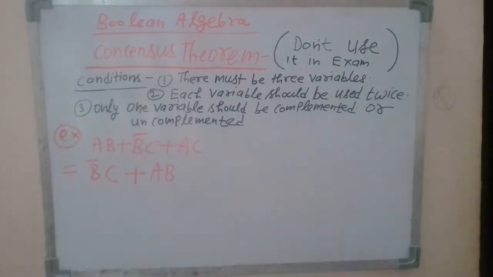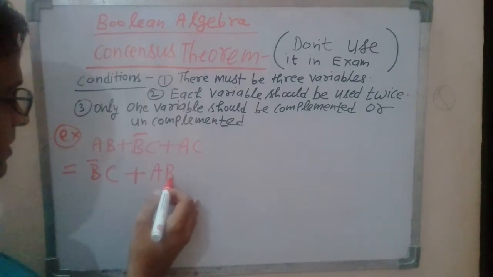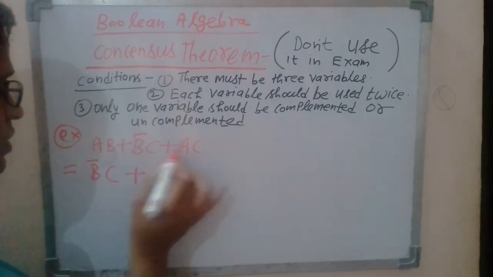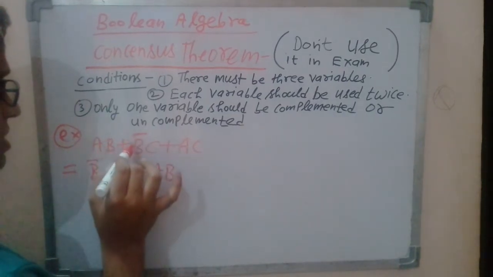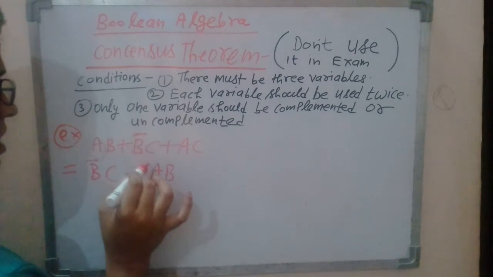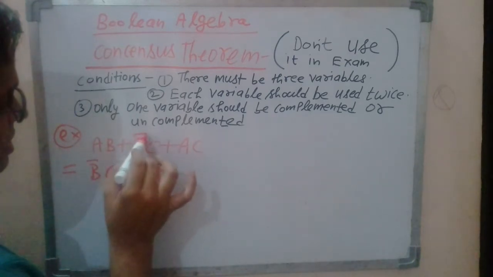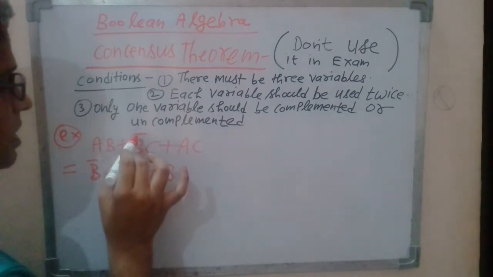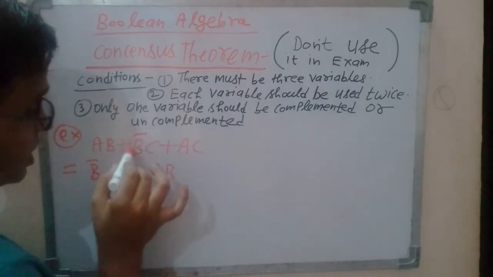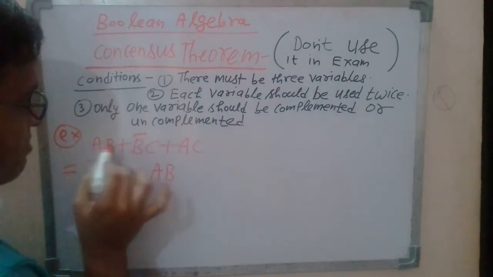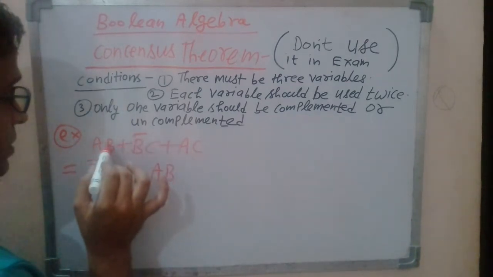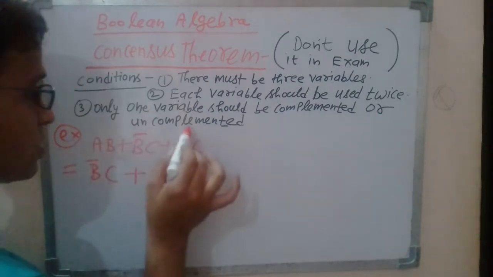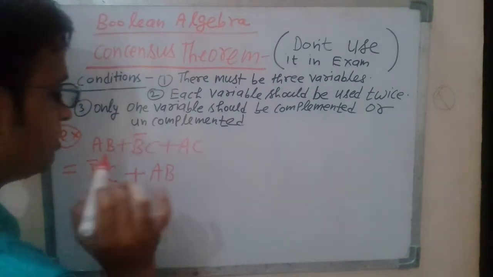The related term is AB and not AC, because B, that unique variable, is available in the term AB and not in AC. So B bar C plus AB is the answer, right?